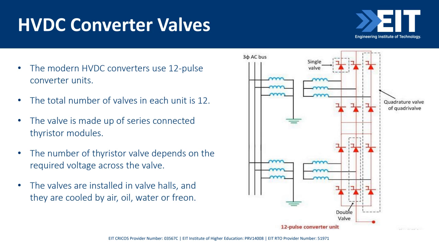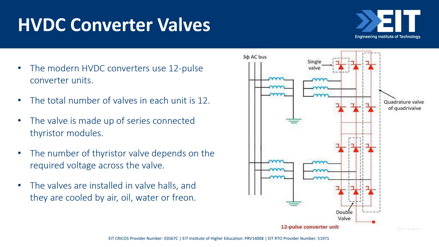The modern HVDC converters use 12 pulse converter units. The total number of valves in each unit is 12, right? And the valve is made up of series connected thyristor modules. We use thyristors or IGBTs because they are controllable, meaning we can control their switching on and off. The number of thyristor valves depends on the required voltage across the valves.